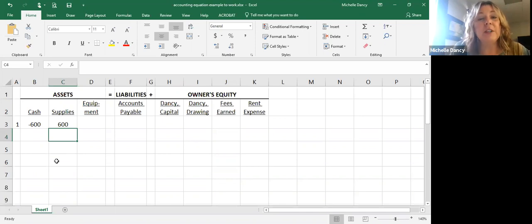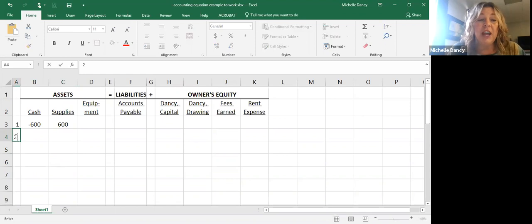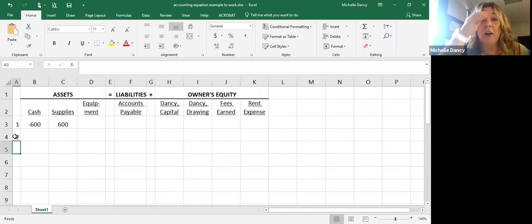We want to make sure, especially while we're learning, that we double check after each transaction to make sure that we are still in balance. So remember, every transaction has at least a twofold effect on the equation. You can't just affect cash and stop, because if you did, our equation would no longer be in balance.